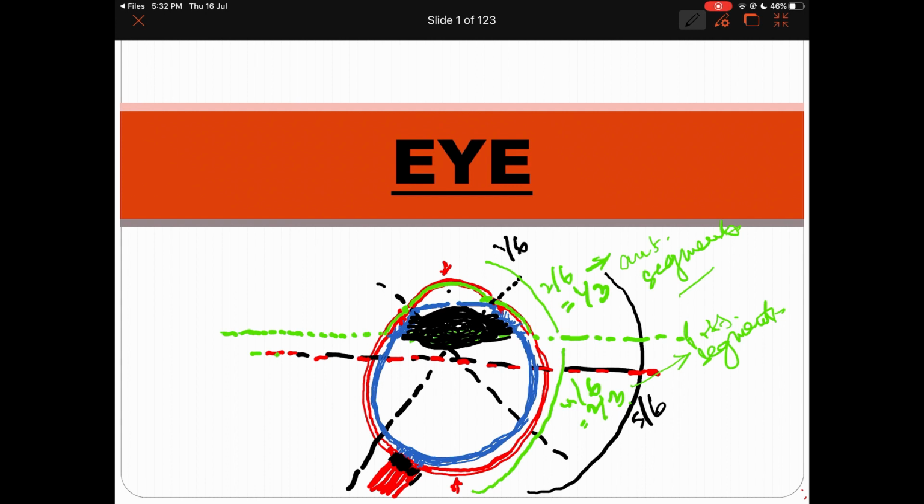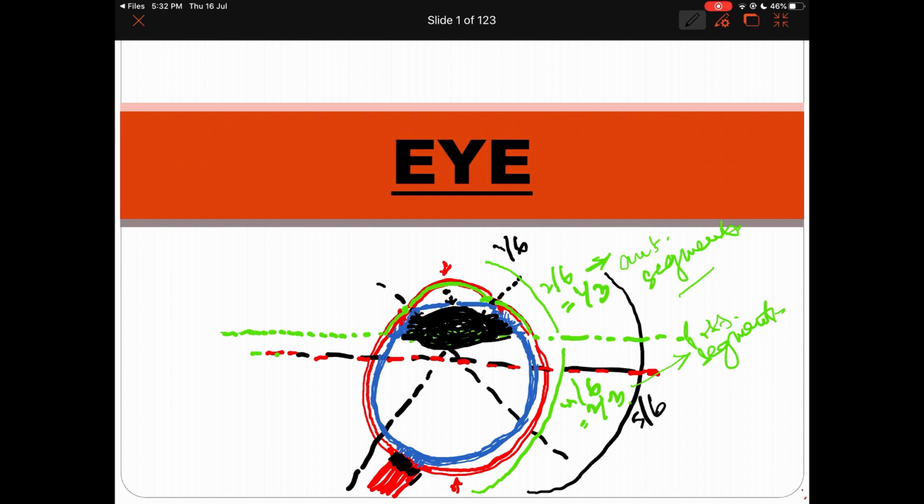This will give you an idea that this small area will be your posterior chamber, and this big area will be your anterior chamber, separated by the iris but communicating through the pupil. This is the pupil you are watching. This is the second layer, called the vascular pigmented coat.